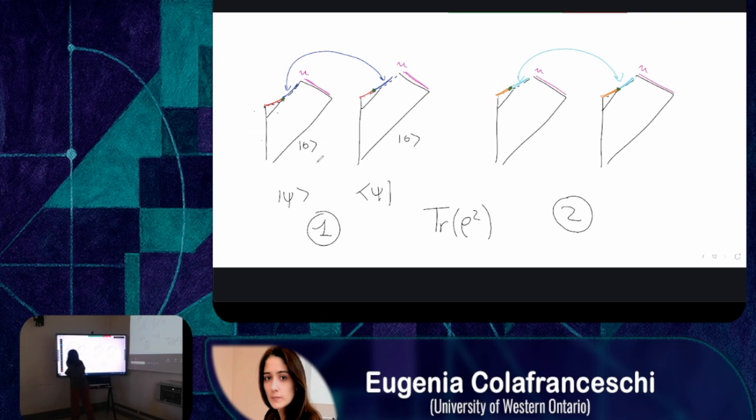But then what you can do is, I messed up the colors, I wanted to do this to this and this to this. So instead, the blue part is just as before, okay? Cat and bra of the same copy.